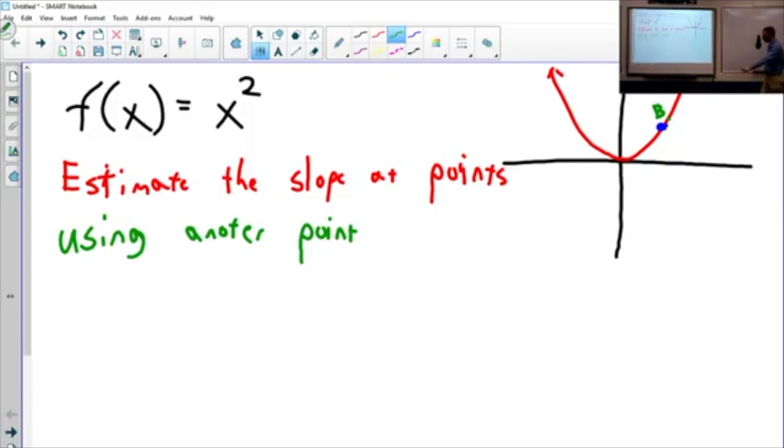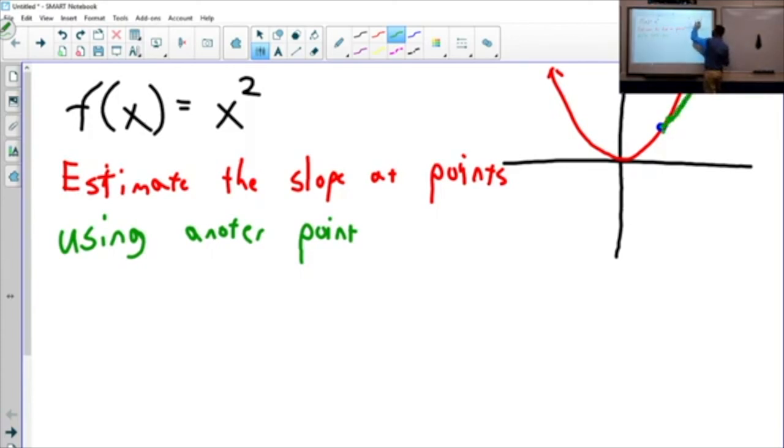So in general, we want to pick a point that is closer. The closer we are, the better our estimate is going to be. And so the point that we pick, we want to be very close to the other point that I'm interested in.